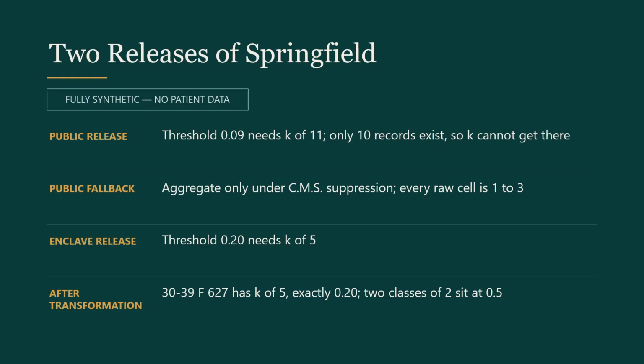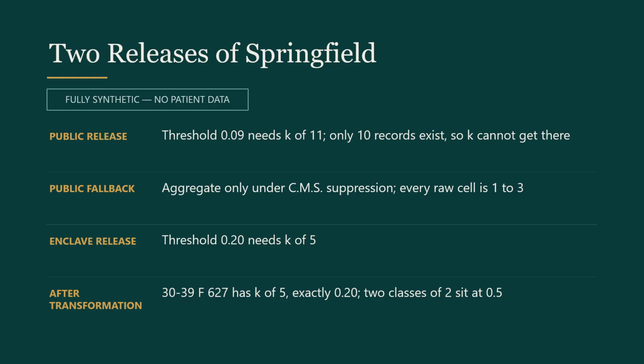Release 2, the enclave. Adopt 0.20, which needs a minimum class size of 5. Apply the transformations from video 12: age to 10-year bands, zip 5 to zip 3, admit date to quarter, and suppression of the 94-year-old outlier. 9 records remain in 3 classes.